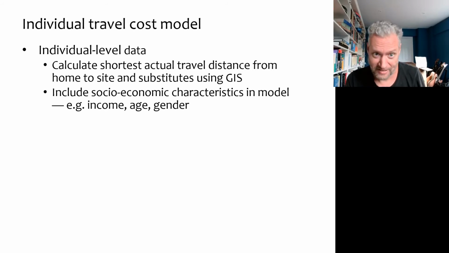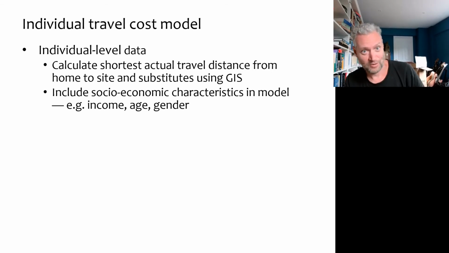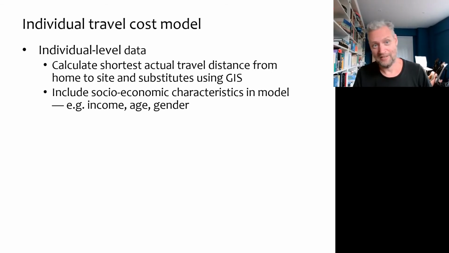If you have that data, you can calculate the geographical distance from where they live to where they went using geographic information systems. You may also have a more fancy survey that actually tells you how people got there and how long they took, whether they took the bus or the metro, or whether they cycled there or drove.